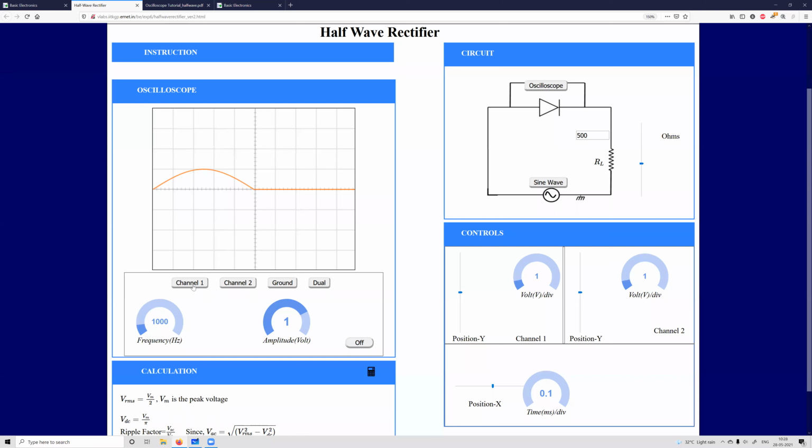So this is my input. This is my rectified output. And these are both dual, which I can see both the signals at the same time.